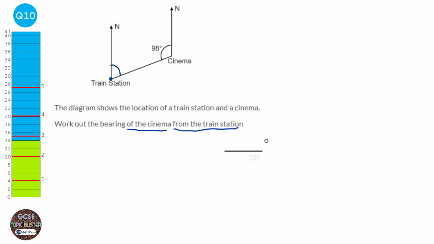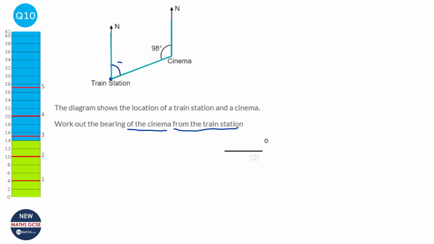To be able to do that, we need to remember a few bits about parallel lines. So we've got a parallel line here, and all lines pointing to north are always parallel. And these angles make a kind of C with the parallel lines. We need to remember that they are interior, allied, or co-interior, depending on how you say it, but they are interior angles. And what we know about interior angles is that they add up to 180.